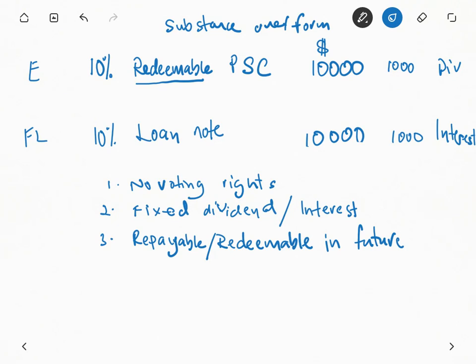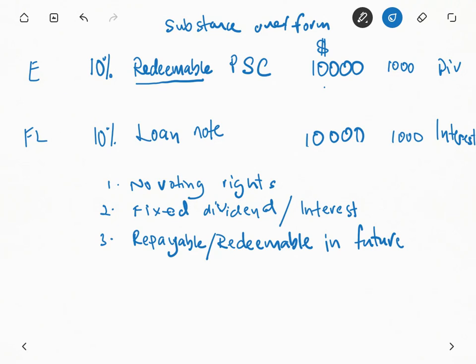Do you have contractual obligation to deliver cash every year? Yes, 1,000. Because we know the characteristic of preference share is you have to pay a fixed dividend every year. No voting rights, and the most important characteristic here is they are redeemable in the future. Means today you invest 10. Few years later, I can redeem back and give you back the money 10. So do they have similar characteristic as a loan?